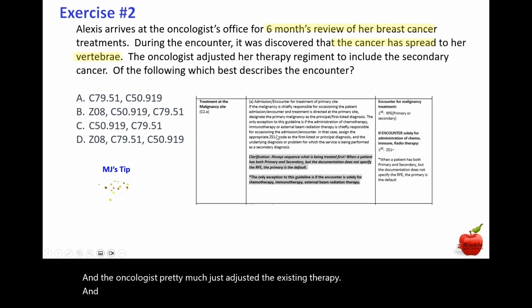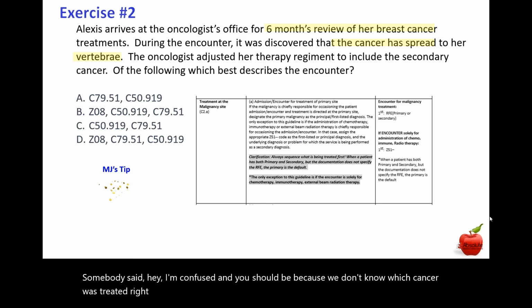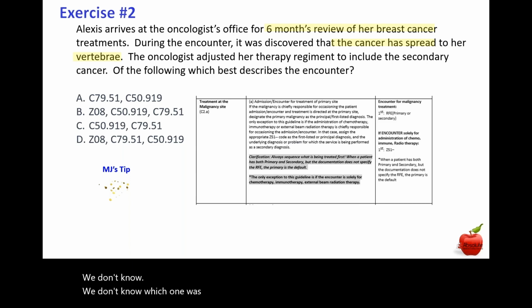And if somebody said they're confused, then you should be, because we don't know which cancer was treated, which one the treatment was directed to. But there is a guideline that helps us.